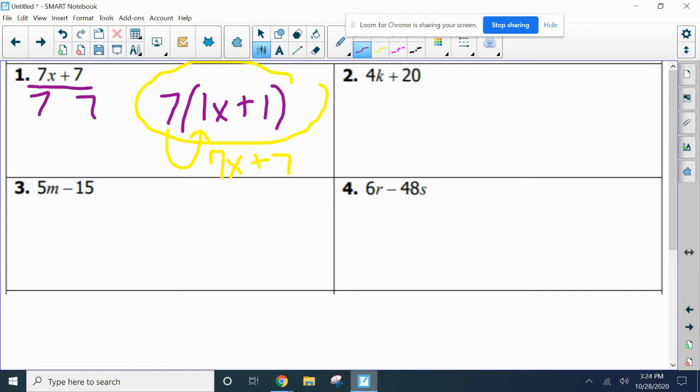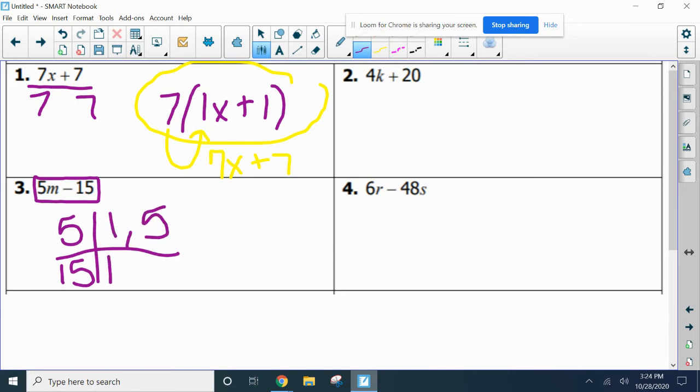All right, so we're going to go ahead and do number 3. So I have 5m and I have 15. Again, we're going to make our greatest common factor table. I know 1 and 5 multiply to give me 5, and I know 1 and 15, and then 3 and 5 multiply to give me 15.